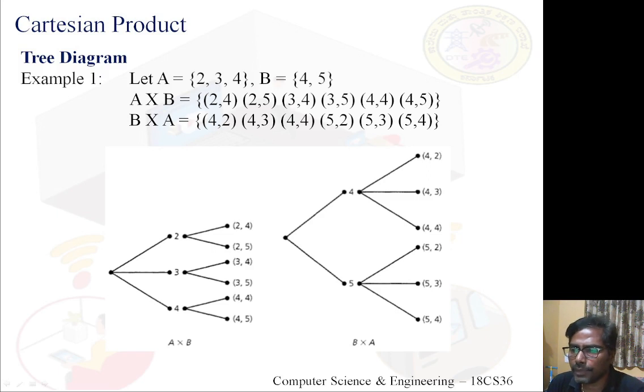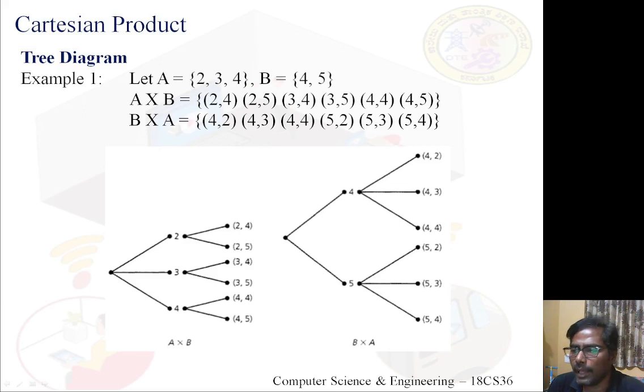So from the leftmost end point, in this case two branches originate, one labeled as 4, the other labeled as 5. And from each of these labels, 3 branches will originate, one for each element of set A.